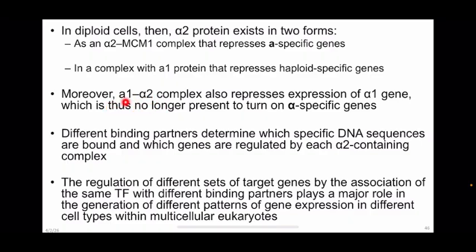Moreover, the alpha 1 A1 alpha 2 complex is also going to repress the expression of alpha 1 genes. In doing this, we are shutting down all the haploid-specific genes in the diploid cells.